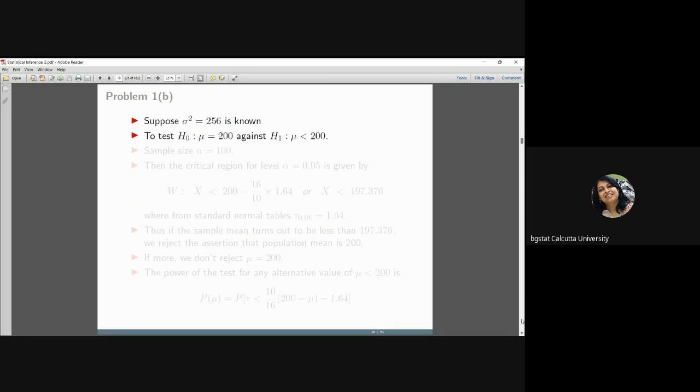Now, suppose again that sigma square is 256. We want to test H naught: mu equal to 200. This time, my alternative is mu less than 200. As before, I have a sample size of 100.